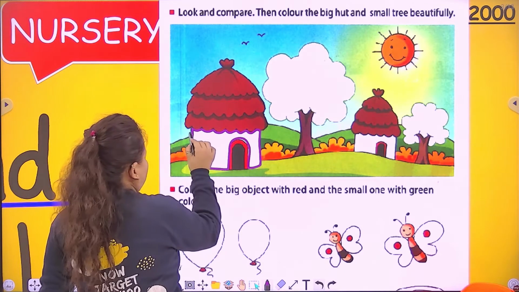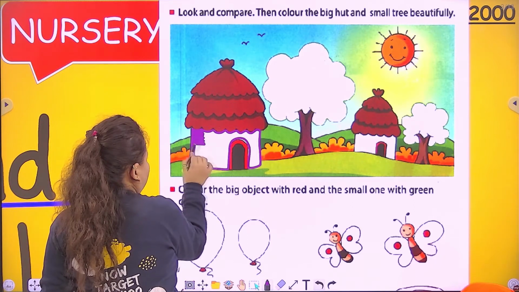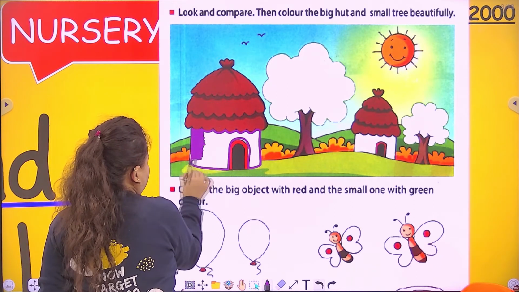Like this and then color it. Okay? Color the outline and then fill the color like this.